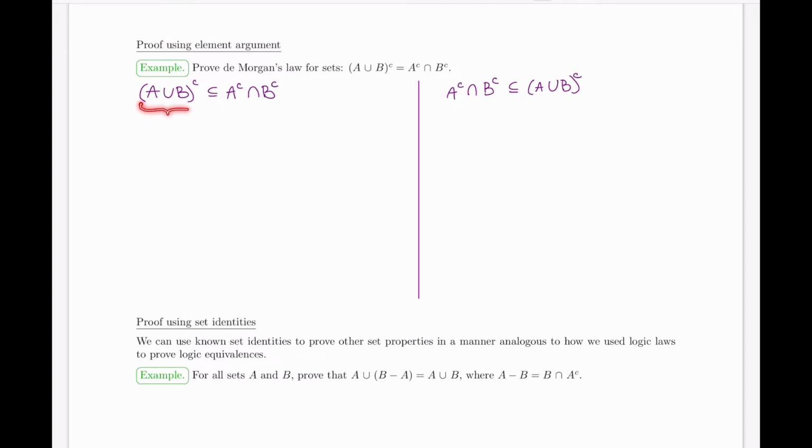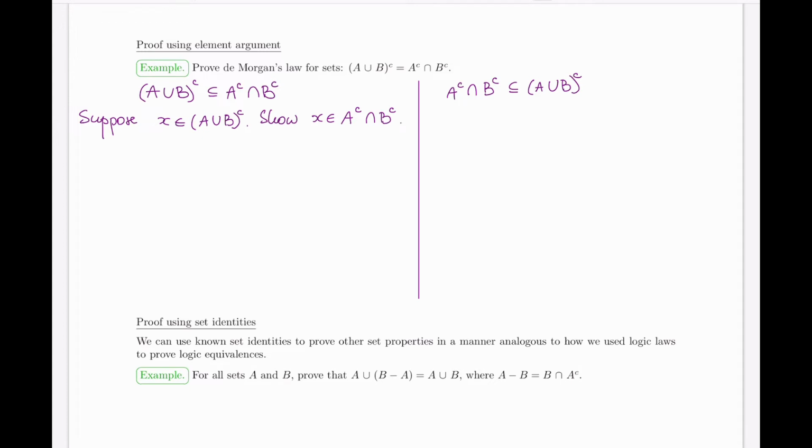We're going to assume that x belongs to the left-hand side, and through a series of steps, show that that implies it belongs to the right-hand side. So let's write down what it is that we would like. We suppose that x belongs to (A union B) complement, and then we're going to show that that implies that x belongs to A complement intersect B complement.